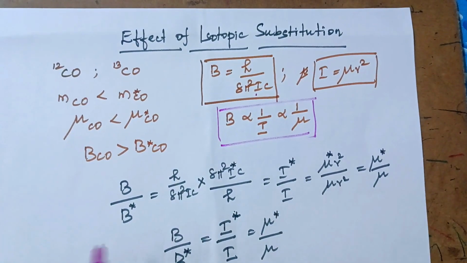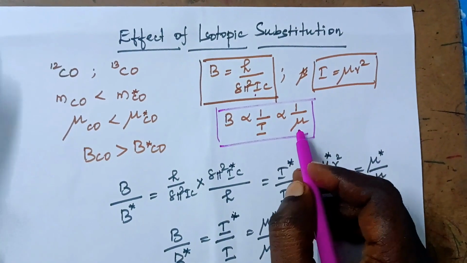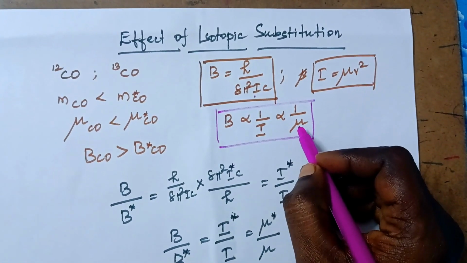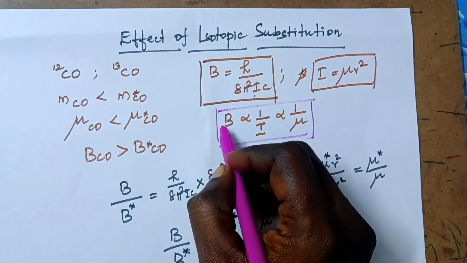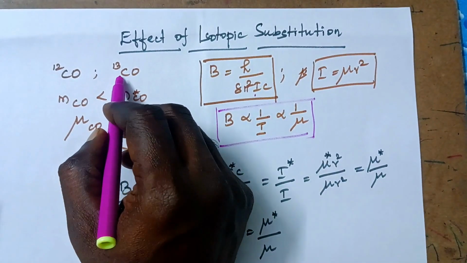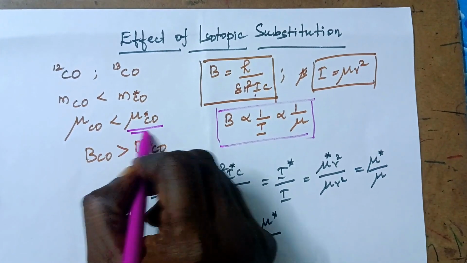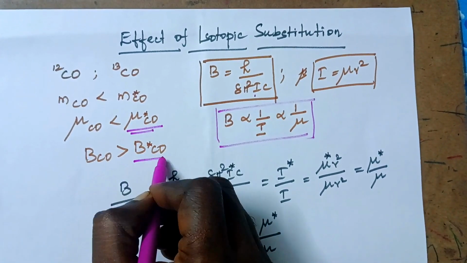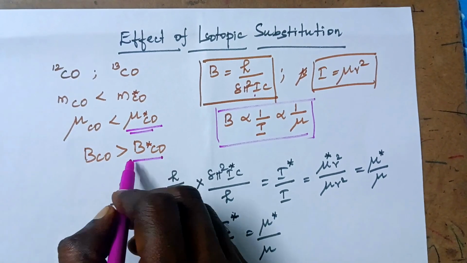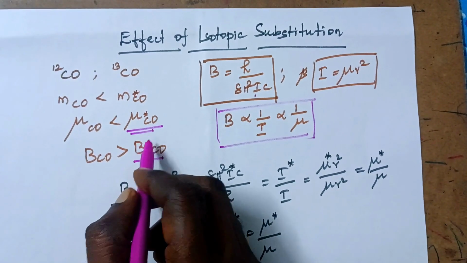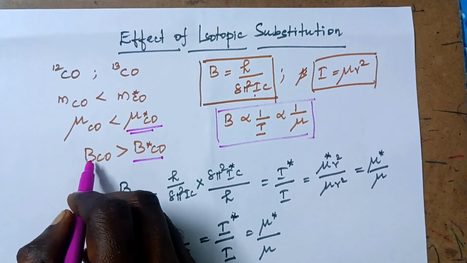If the reduced mass is more, B is less; if it is less, B is more. So in C13, the reduced mass is more, which means B must be less. That's the idea we need to understand: B of C13 is less than B of C12.